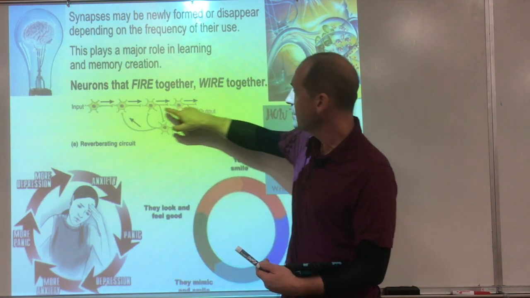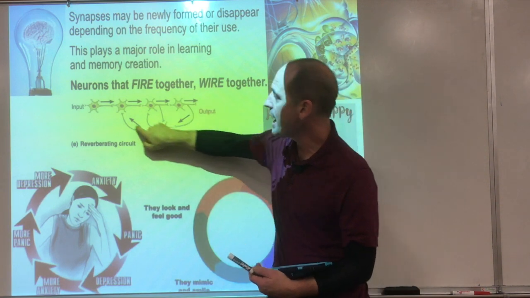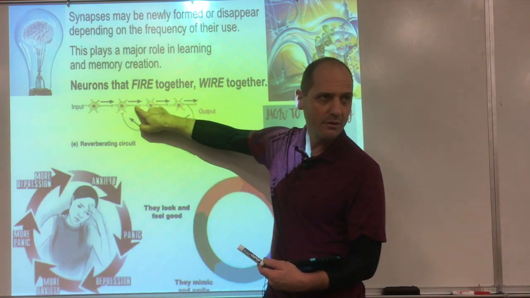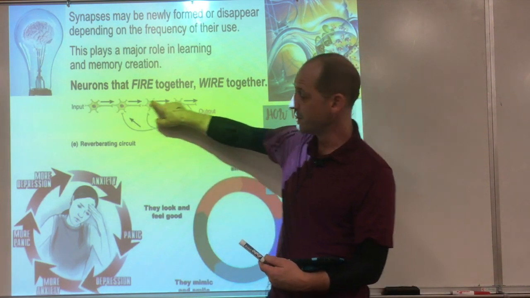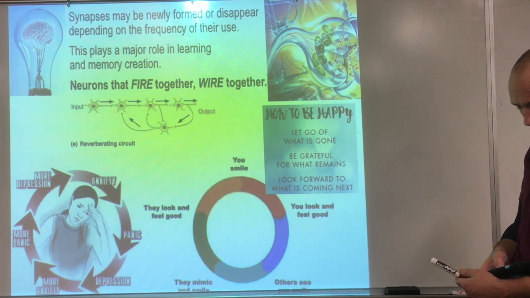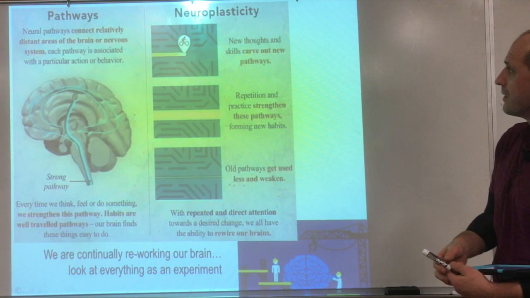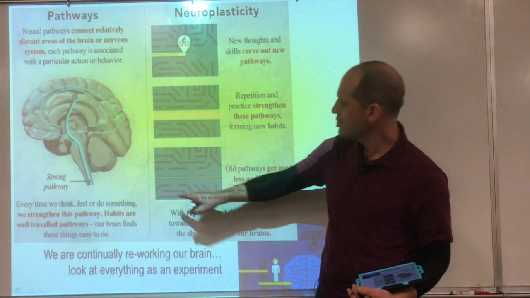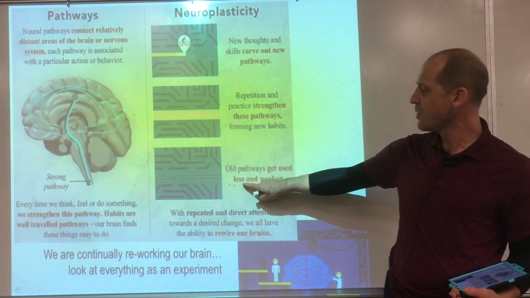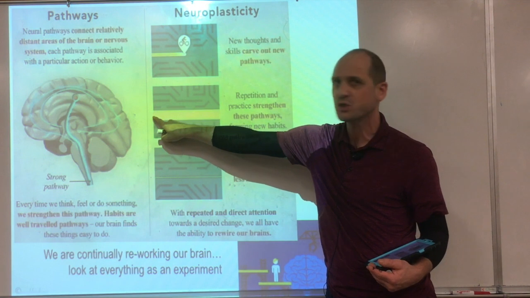At some point, the last nerve feeds back to the previous neurons and the pathway stimulates itself. And that's when it gets nice and strong, and that's when we have neuroplasticity happen, which means neurons that fire together, wire together. And so you make a path, a groove in the brain, a connection, and if you do a lot of it, it gets stronger and stronger and stronger.